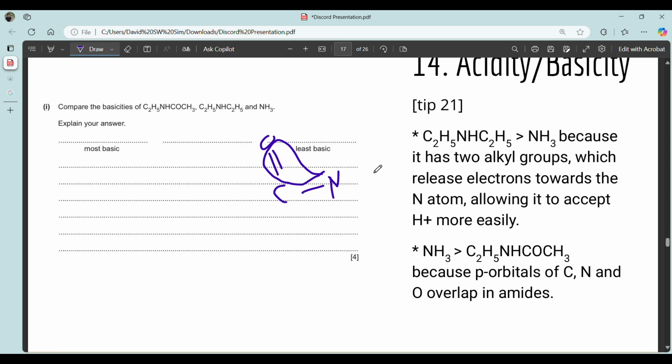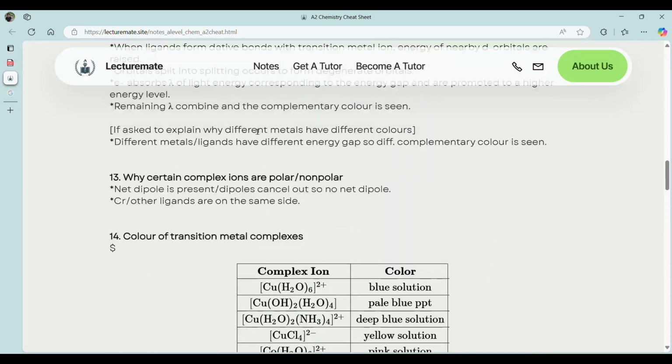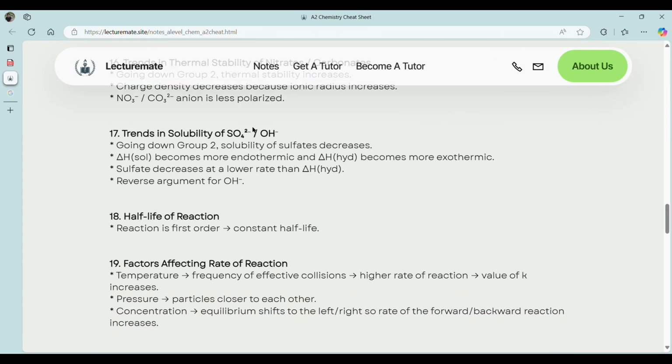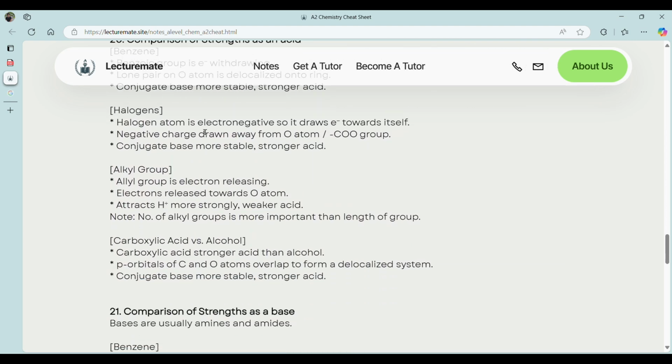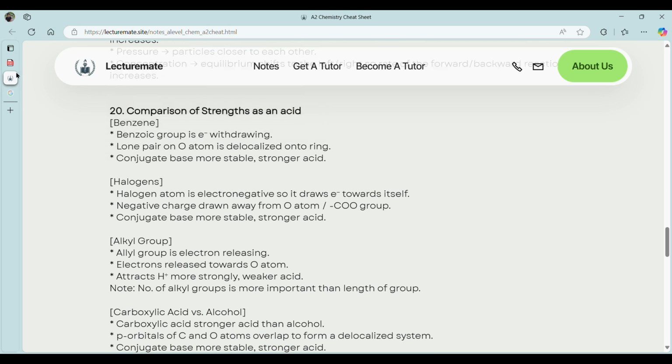So basically, when you're answering these questions, you have to do four things. First, you have to list out which is the most basic to the least basic. And I actually put up how to compare strengths of acids and bases in this article here.